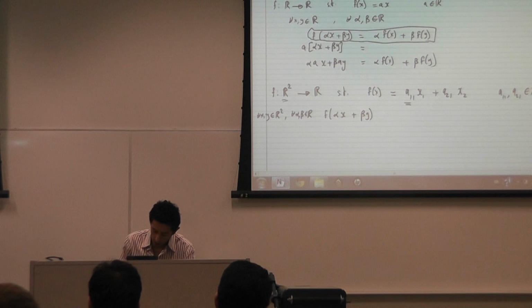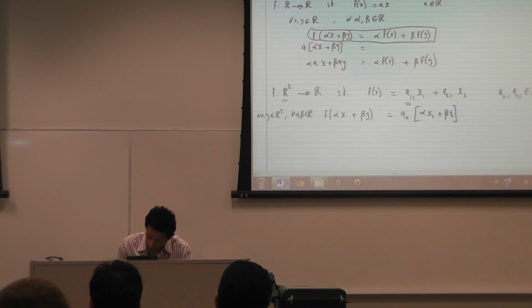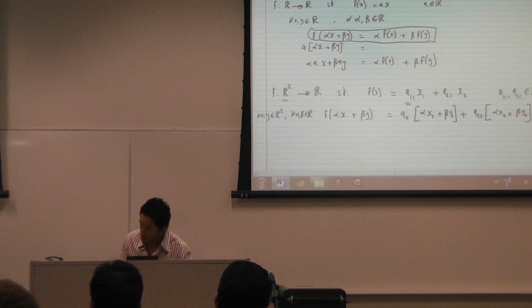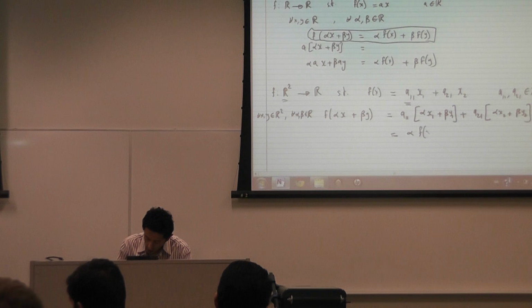F of alpha x plus beta y is equal to the constant a11 multiplied by alpha x1 plus beta y1, plus the constant a21 multiplied by alpha x2 plus beta y2. Because of the linearity of all these operations, if you rearrange, this will be equal to alpha f of x plus beta f of y.